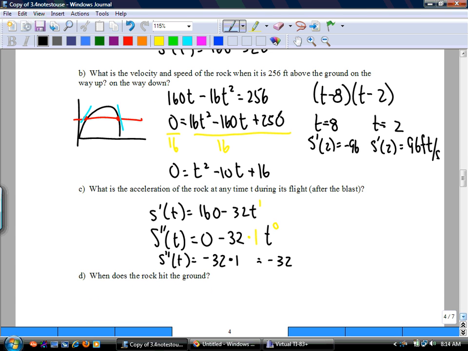Anything to the power 0 is 1, my friends, not 0. Because it's a constant all by itself.